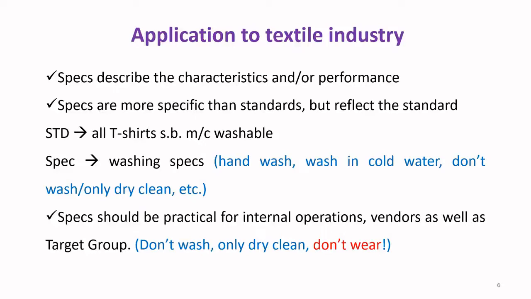If you say don't wash, then how many times would a customer be able to wear it? Only dry clean means you are increasing the expense of the customer. And if you say don't wear it because it is so delicate, then who's going to buy the product?